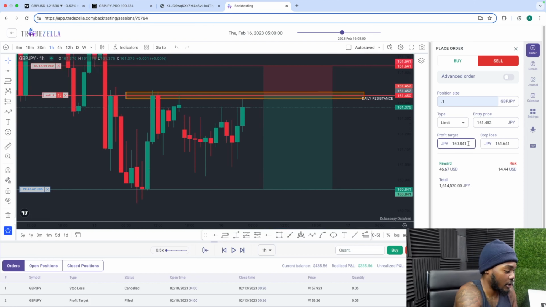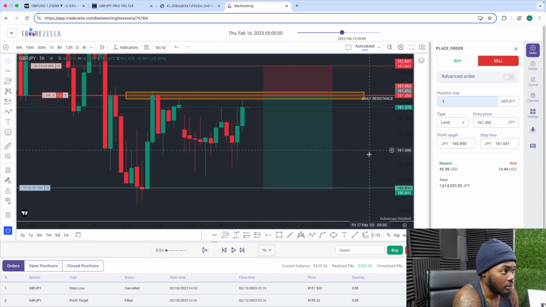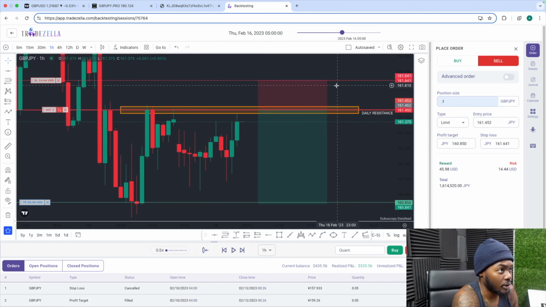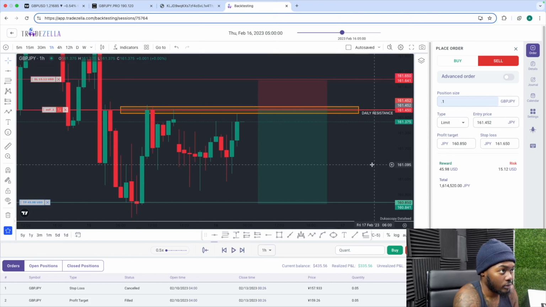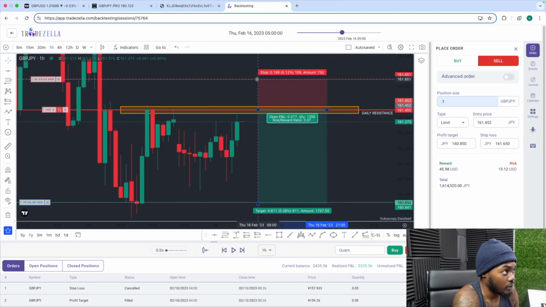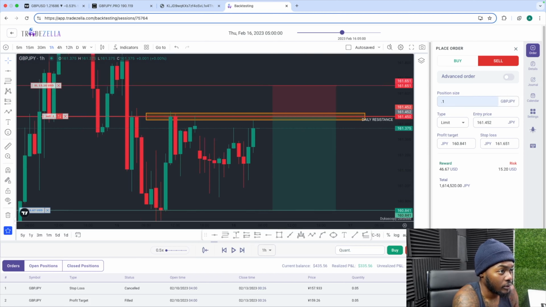Let's just say at the 160.850. This is our TP area, and our stop loss area is up here, 161.650. Right? So stop loss is up here, TP is down here, and then we would actually enter the trade.